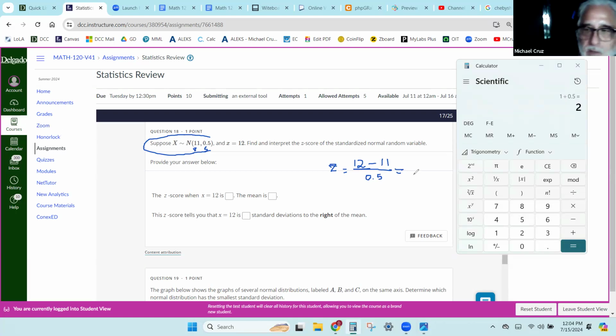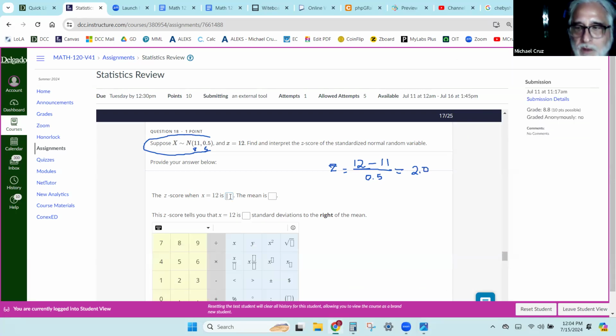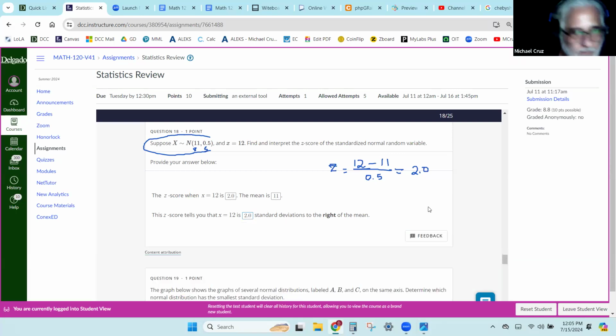So this is smack dab 2.0. The z-score when x equals 12 is 2.0. The mean is 11. The z-score tells you that it is 2.0 standard deviations to the right because it's positive.